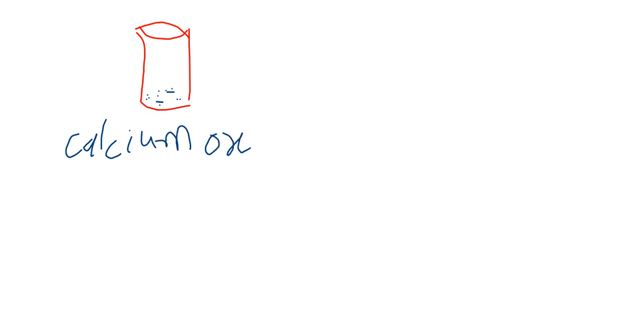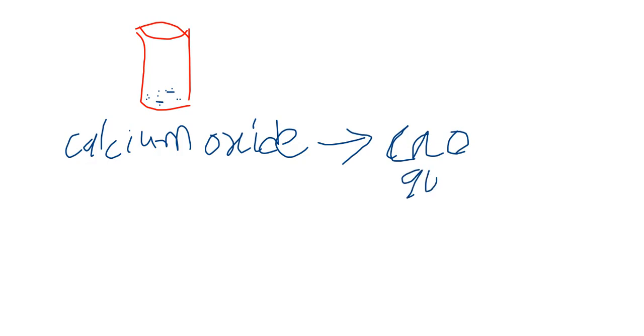One beaker is there with calcium oxide. The formula of calcium oxide is Ca for calcium and O for oxygen. We call this quicklime.